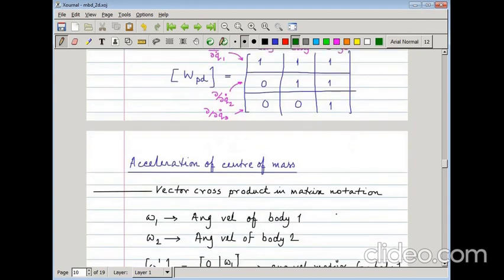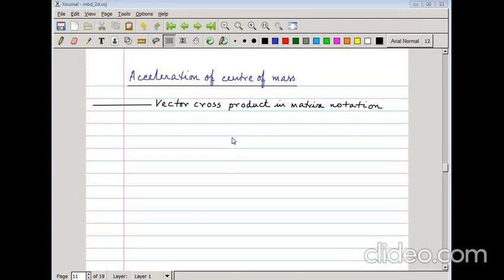Now our objective is to find out the acceleration of center of mass. But before that, let's see how we can write the vector cross product in matrix notation. We have already done so while calculating velocity.